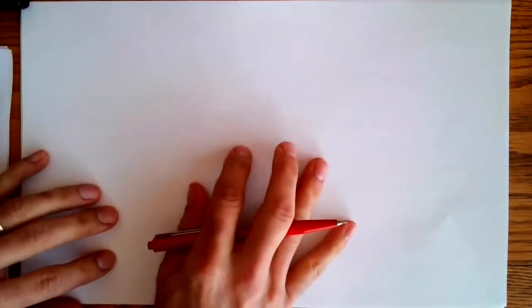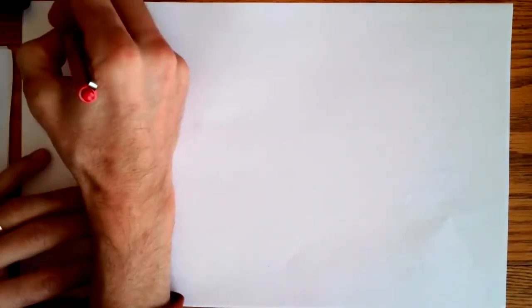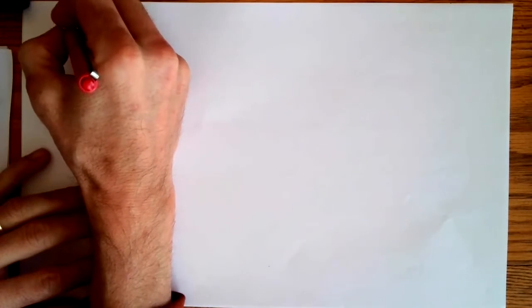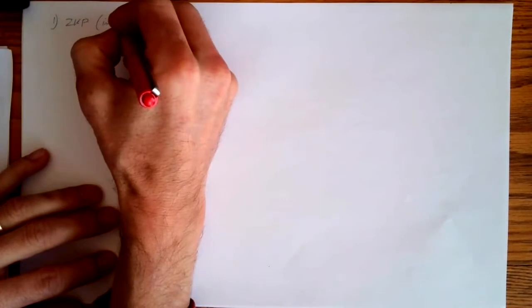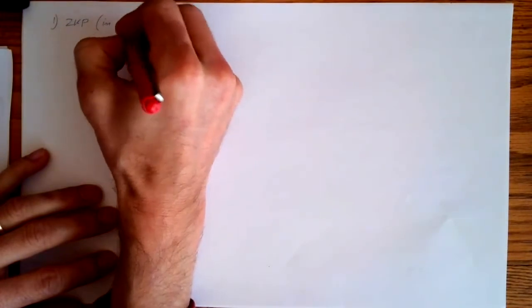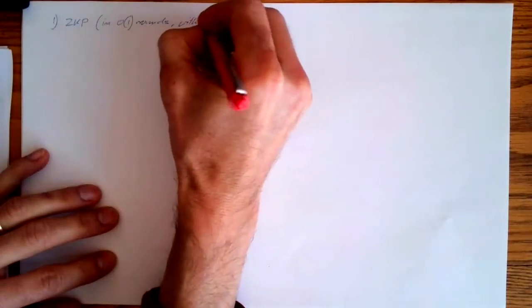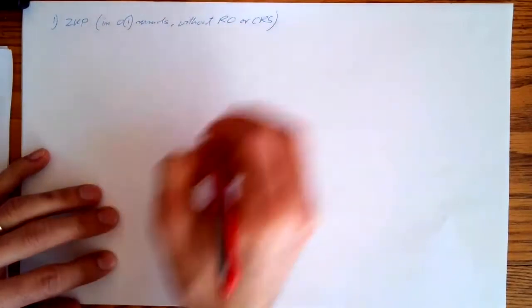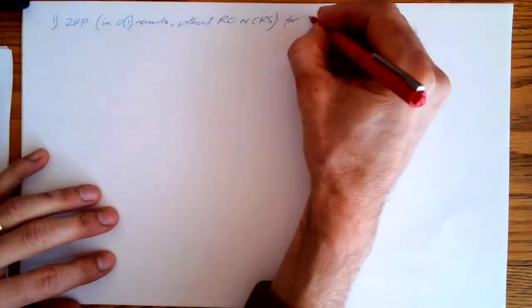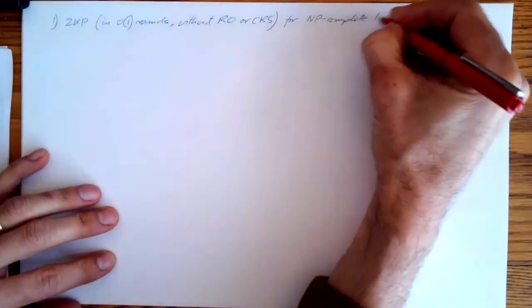But today I wanted to show zero knowledge proof in constant rounds without a random oracle or CRS for, in fact, an NP complete language.